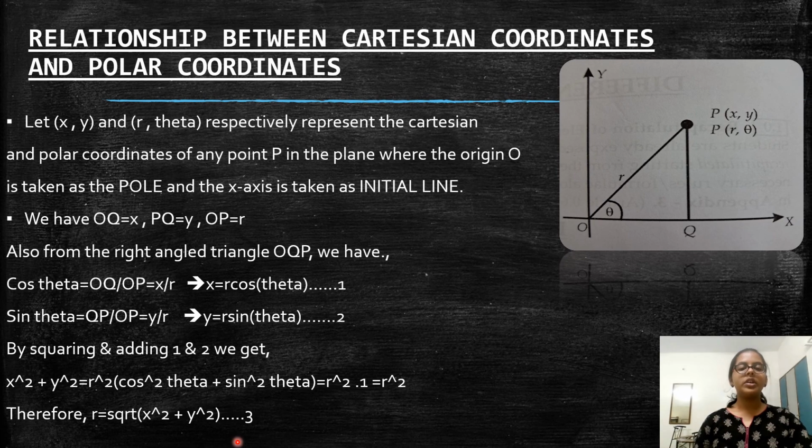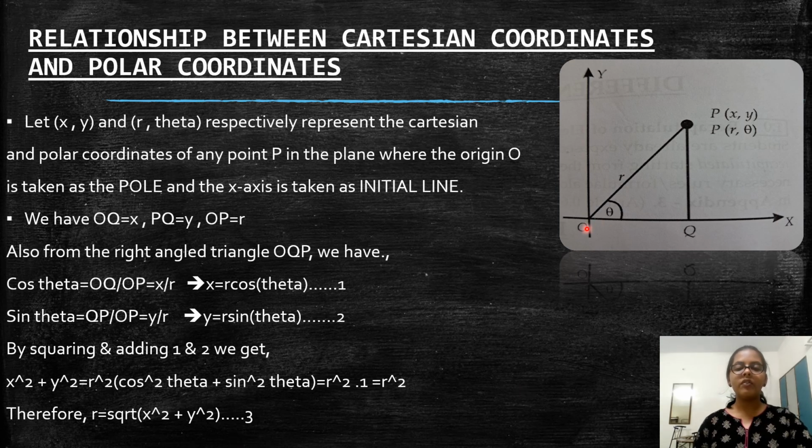Now let's see the relationship between Cartesian coordinates and polar coordinates. Let x, y and r, theta respectively represent the Cartesian and the polar coordinates of any point P in the plane, where the origin O is taken as the pole and the x-axis is taken as the initial line.